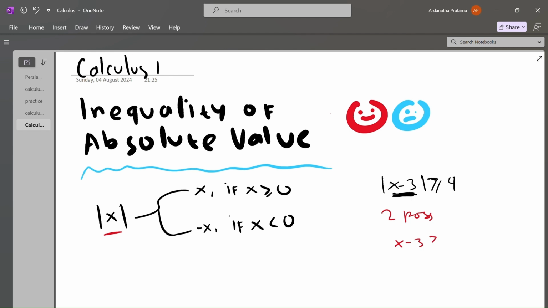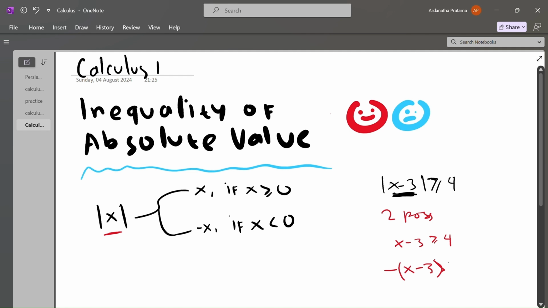The first process, we use the positive value of x minus 3. So we have x minus 3 is greater than or equal to 4. And the second is the minus version, minus in parentheses x minus 3 is greater than or equal to 4.